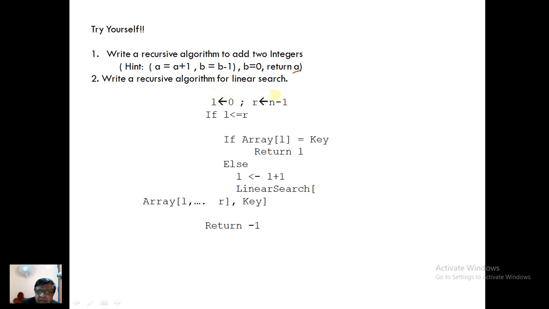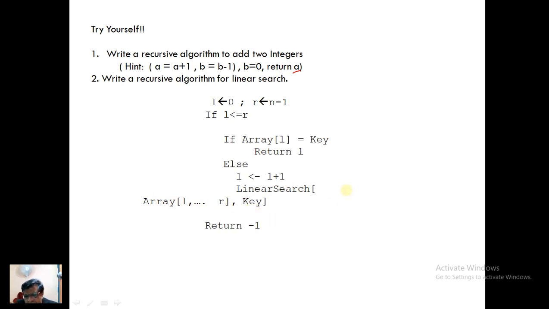And a recursive algorithm for linear search: you have to set forth the initial values of the lower bound and upper bound, the left extremity and right extremity of the array. If L is less than or equal to R, if array of L equals the key, return 1, there is only one comparison. Else lower bound L equals L plus 1, and call linear search on array, L, R and key.